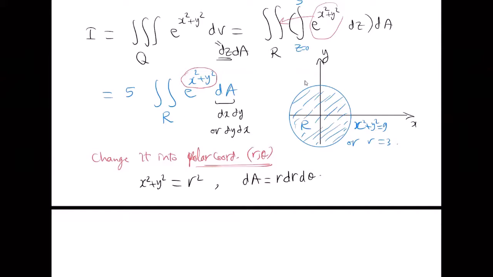And we have this polar strip. Fix theta and vary r from inside to outside, from the smallest, this way.